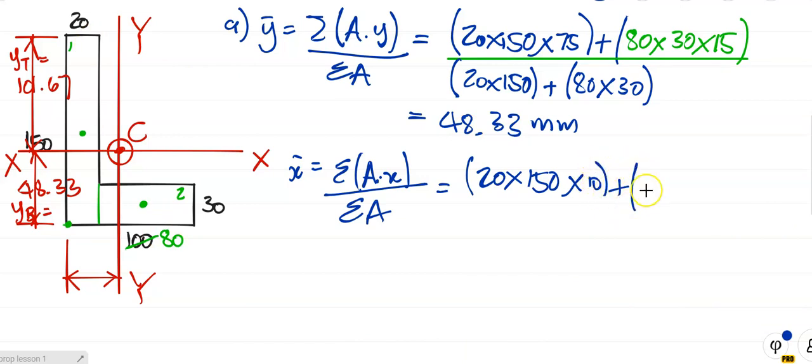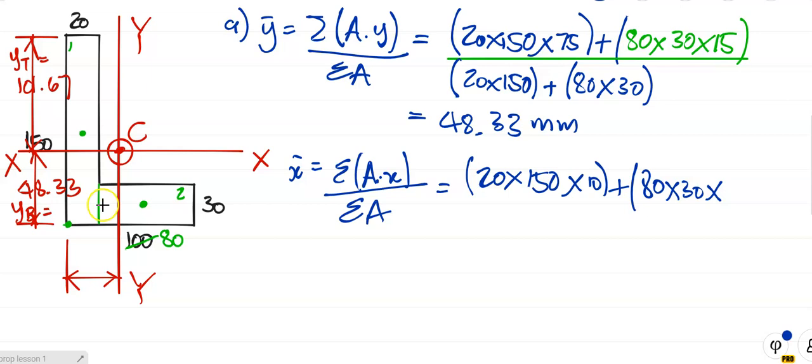plus the area of element number 2, 80 times 30, times x. What's x? X is the distance from the centroid of the element, notice, all the way, not from there to there, all the way from there to the line we take moments about.